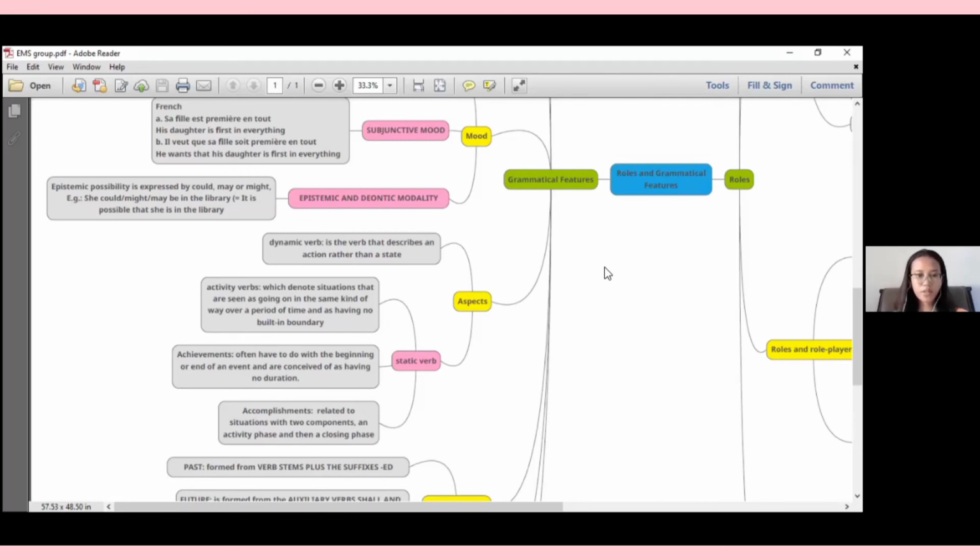Activity verbs denote situations that are seen as going on in the same kind of way over a period of time and as having no built-in boundary. And achievements often have to do with the beginning or end of an event and are conceived of as having no duration. Accomplishment relates to situations with a component, an activity phase, and then a closing phase.